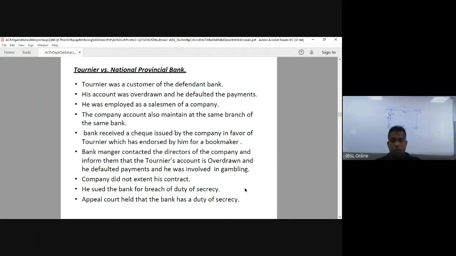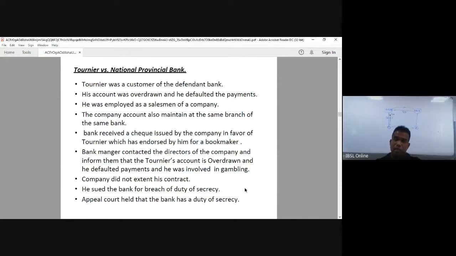Tournier's account was overdrawn, and the bank manager always asked him to settle the overdraft, but he didn't adhere, he didn't pay. So the manager was very upset, very angry with Mr. Tournier. One day, what happened? The bank received a check issued by the company where Mr. Tournier works.